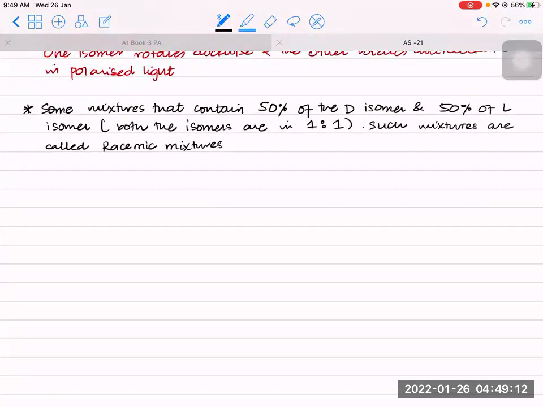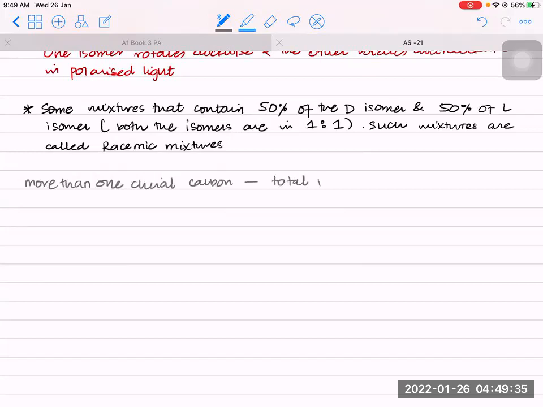All right. Now, if you have a compound which has more than one chiral carbon, each chiral carbon shows how many isomers? 2. Yeah? So if you have more than one chiral carbon, then how many total isomers will we have?